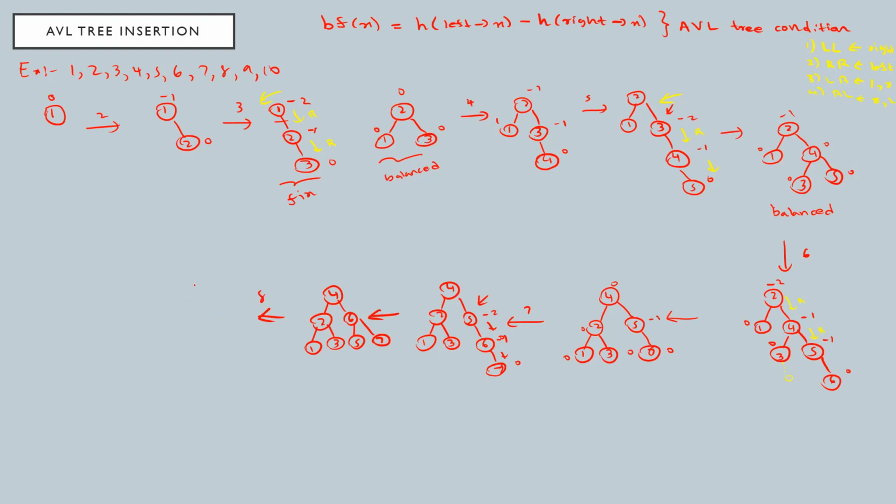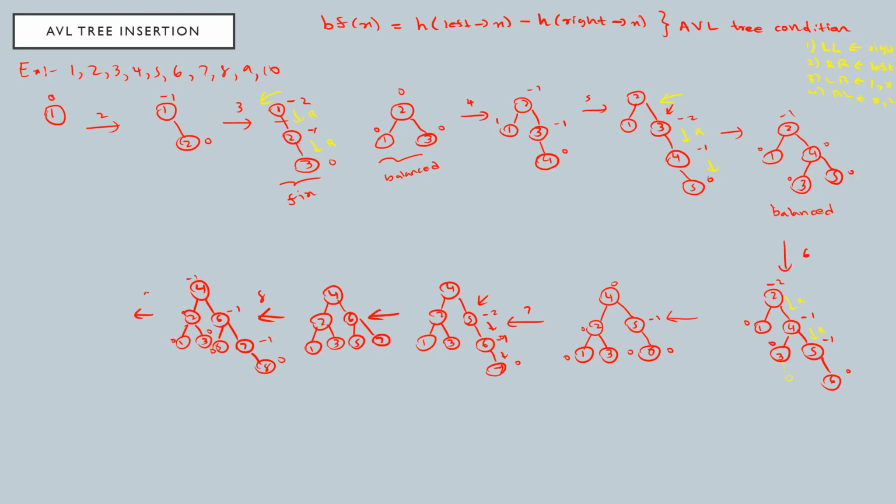So let me insert 8 for 2, 6, 1, 3, 5, 7 and 8. Again balance factor seems okay because we are still on the safe side. 0 0 0 and -1.